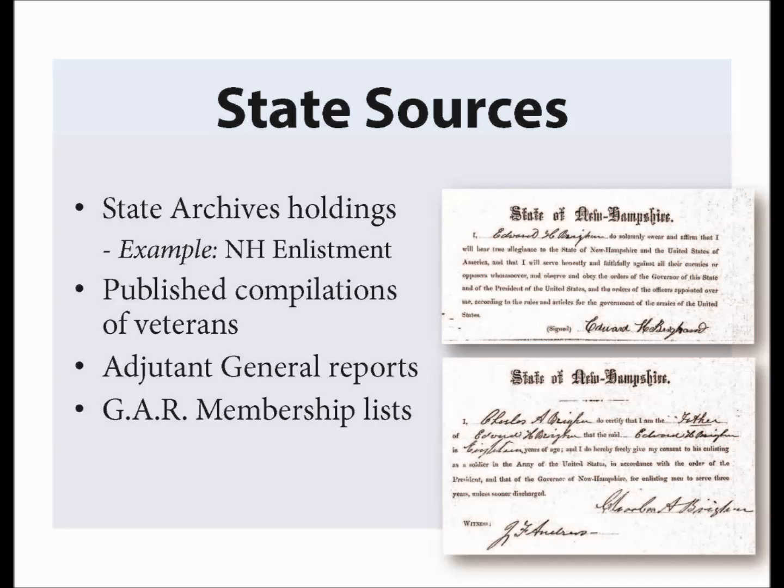Another valuable state source, and again it's different for every state, there may be a collection of the GAR membership lists. These would be the annual returns of the encampments of the GAR in your state, or they may be the muster rolls, sadly, of the members that died. Whatever the case might be, GAR records are a very valuable tool to indicate the post-Civil War life of your ancestor.